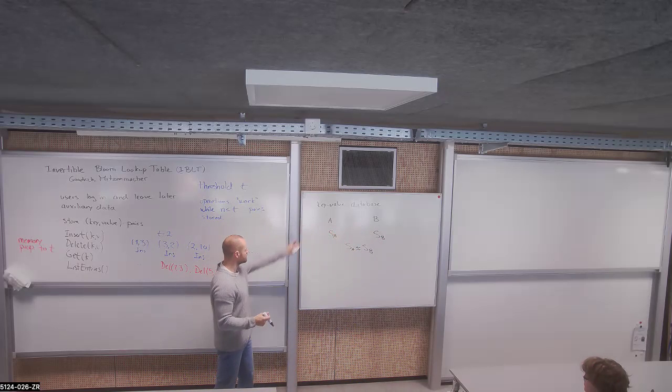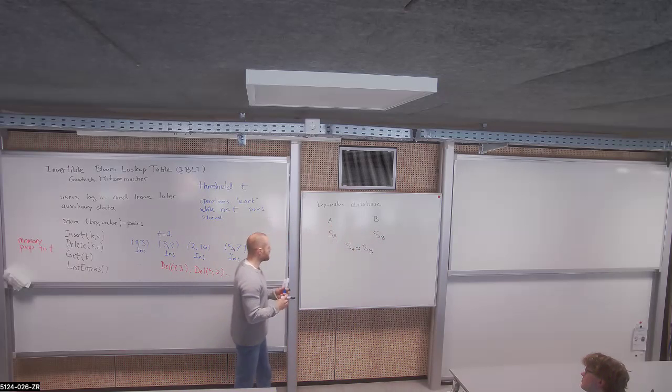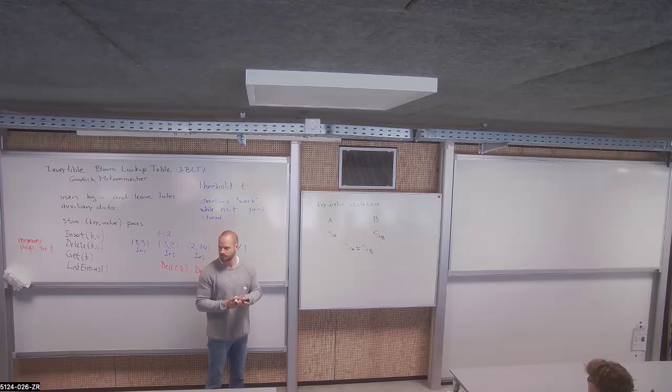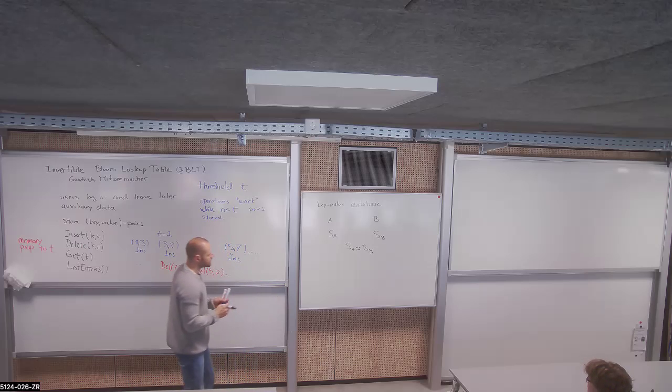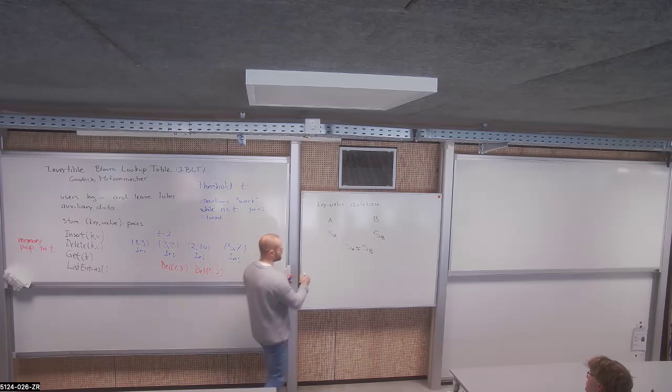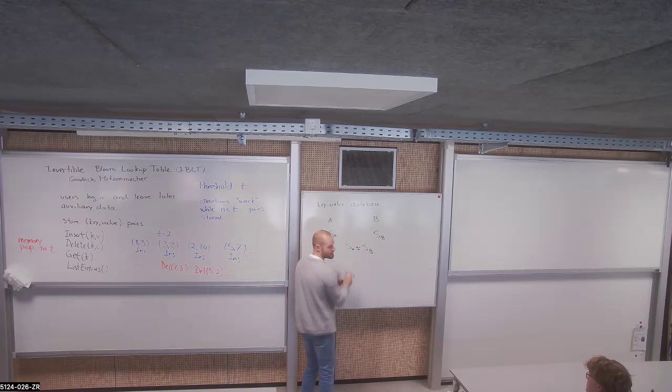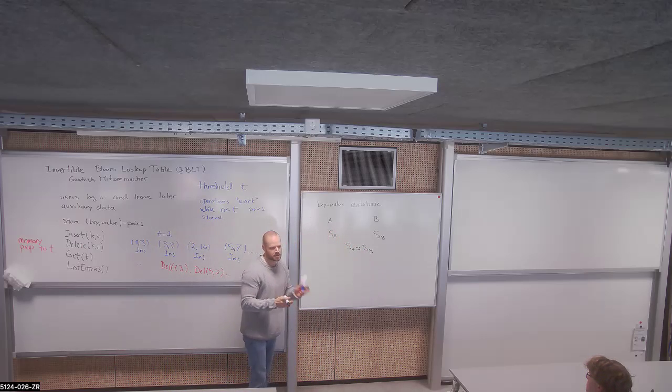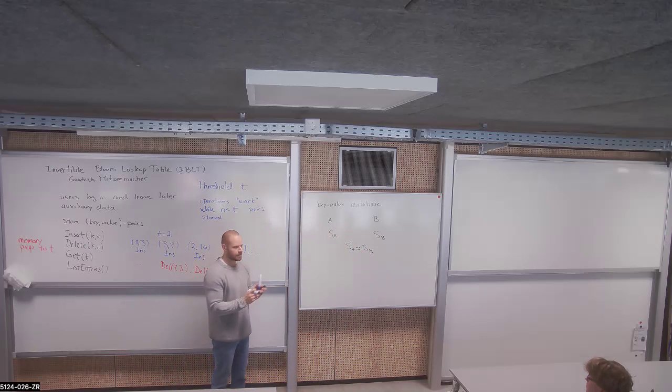But this is going to use communication proportional to the size of the database. Ideally, you'd like to only send a message with a length proportional to how different the two sets are. Right? That would be ideal.